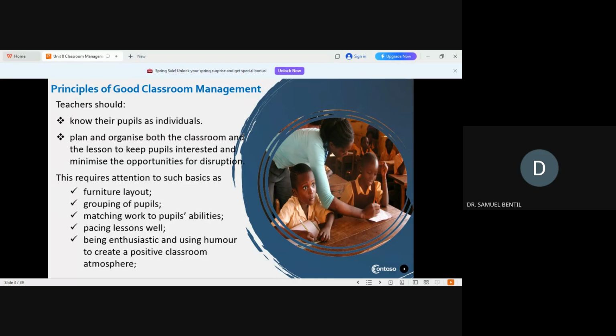Also, you must plan and organize both the classroom and the lesson to keep learners interested and minimize the opportunities for disruptions. How do you achieve this? Some of the ways are how your furniture is arranged in the classroom, your furniture layout.